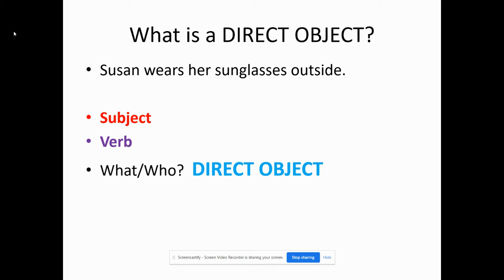To find a direct object, which we have to be able to do to use a direct object pronoun, the very first thing I have to do is find the subject of the sentence. Then I find the verb. So there's those two bullet points, the red and the purple. Susan wears her sunglasses outside.